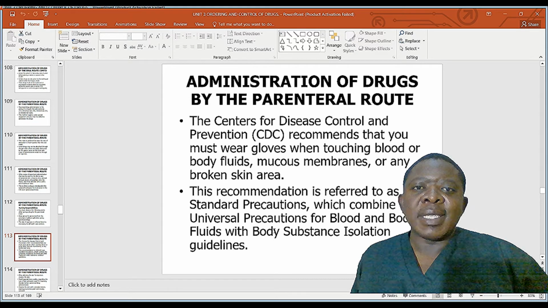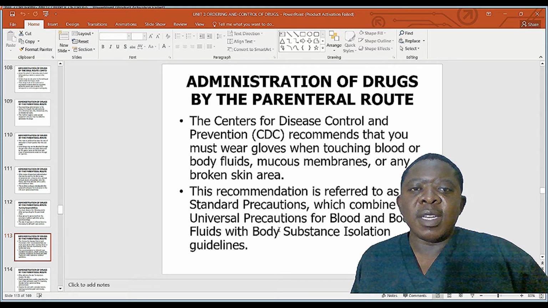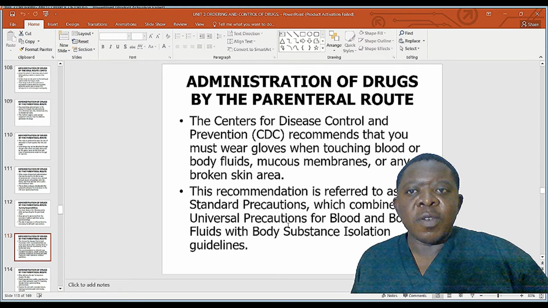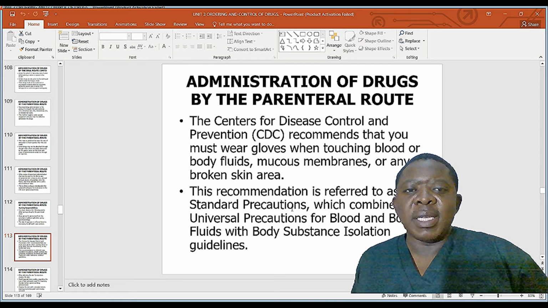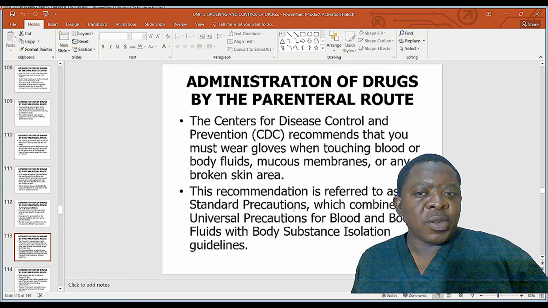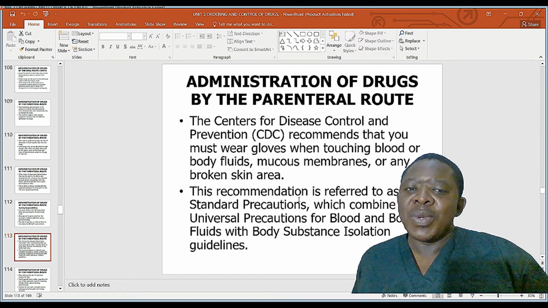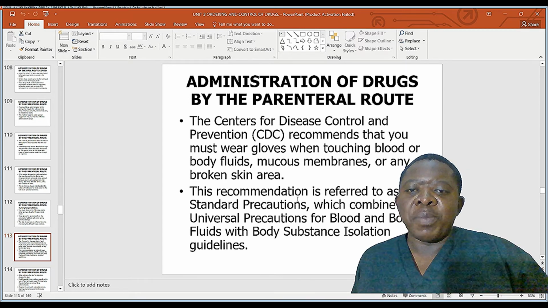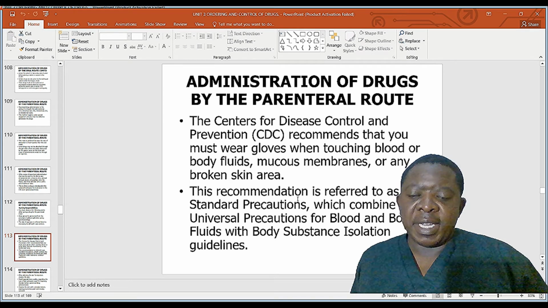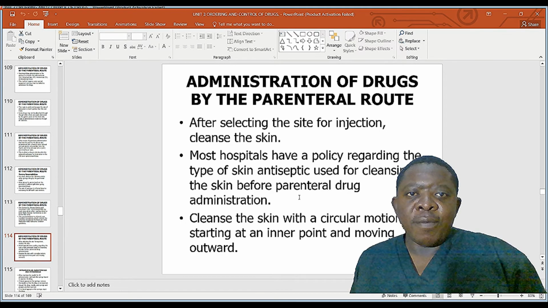So the Centers for Disease Control and Prevention, CDC, recommends that you must wear gloves when touching blood or body fluids, mucous membrane, or any broken skin area. This recommendation is referred to as a standard precaution, which combines the universal precaution for blood and body fluids with body substance isolation guidelines. Okay, this is to avoid infection.